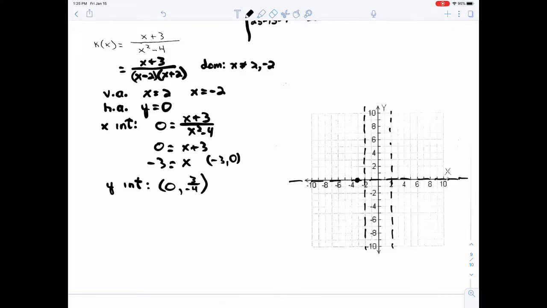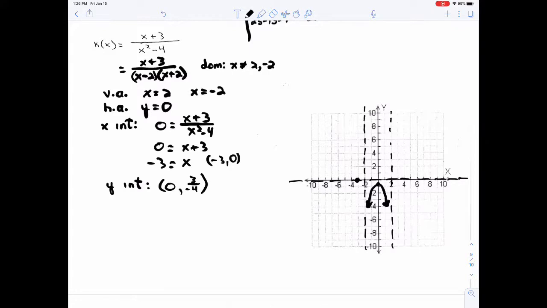And then the y-intercept is 0 comma negative 3/4. So we have 0 comma negative 3/4. Now, let's take this middle point, the one right there, first. Now, remember, this graph doesn't cross the x-axis anywhere between these two vertical lines. So somehow it's going to just be going down. We'll take the left in a second.